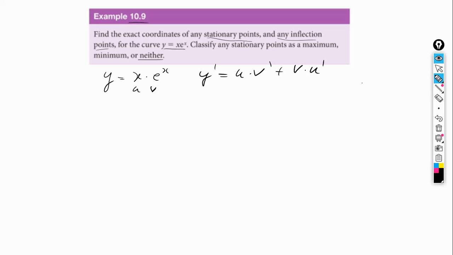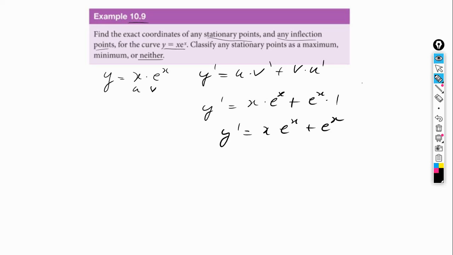So in this case, it's going to be x times the derivative of Euler's number, which is just Euler's number, right? e to the x is just e to the x, plus v, which is e to the x again, times the derivative of x, which would just be 1. So in other words, the derivative is equal to x times e to the x plus e to the x. And they say find stationary points. So that means equaling this to 0, as you all know.